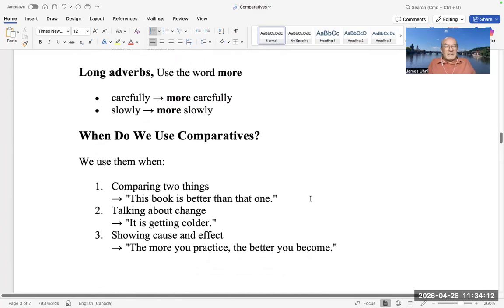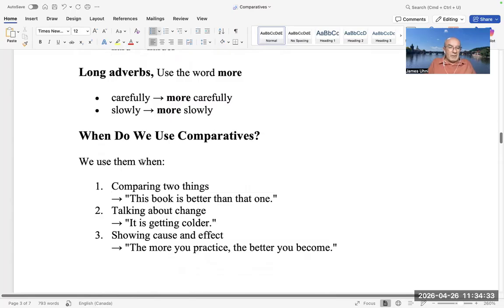Now, we can say slower, but I will explain it differently, because slower is an adjective. Slowly is an adverb.